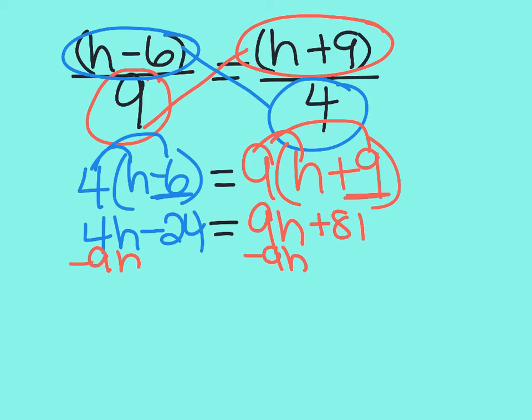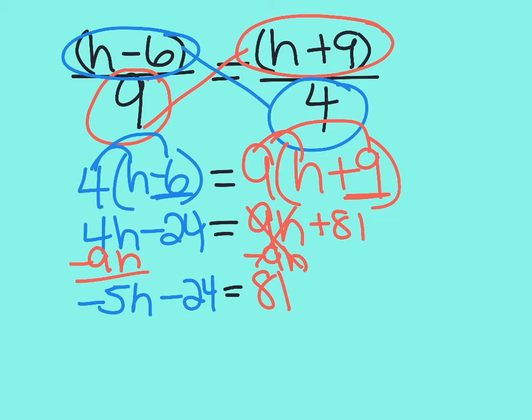So we get 4h minus 9h equals -5h. Bring everything else down: minus 24 equals, and the 9h is gone, so all we have left is positive 81. Now I've got a two-step equation.